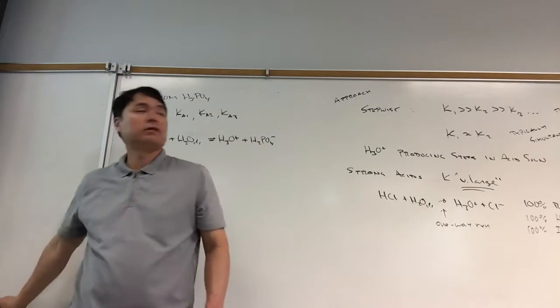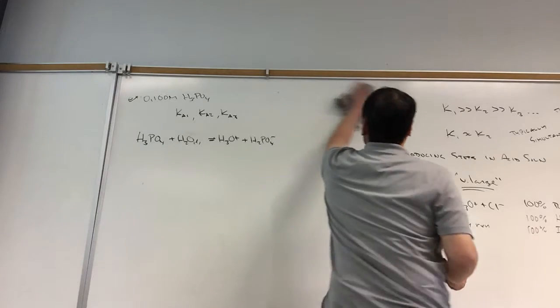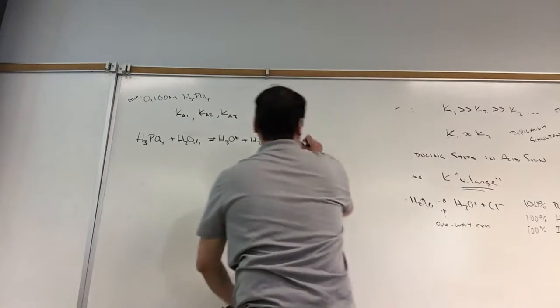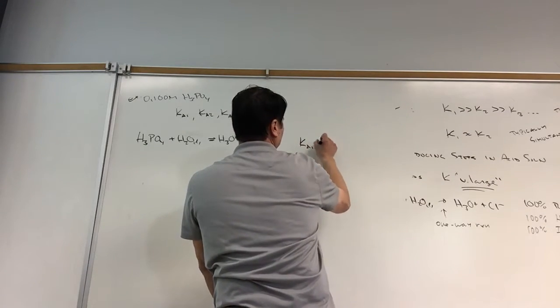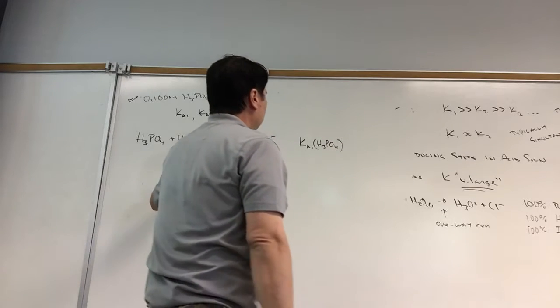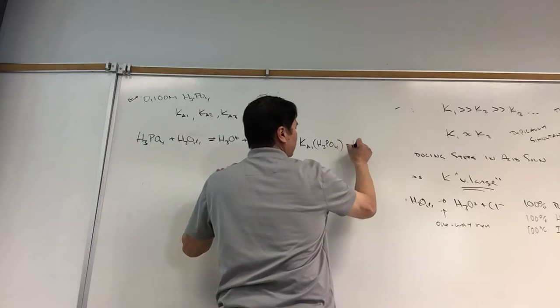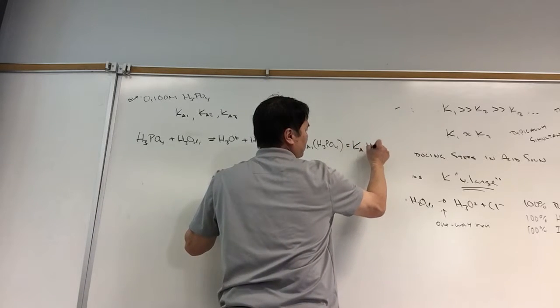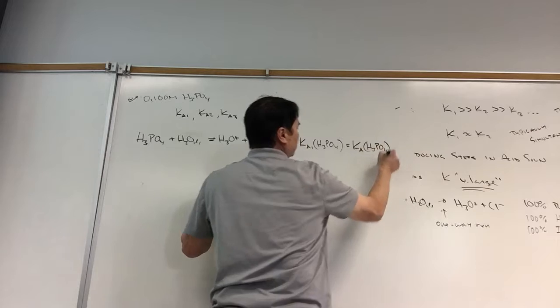This we call Ka1 for phosphoric acid. Ka1 for phosphoric acid is also just Ka for phosphoric acid.